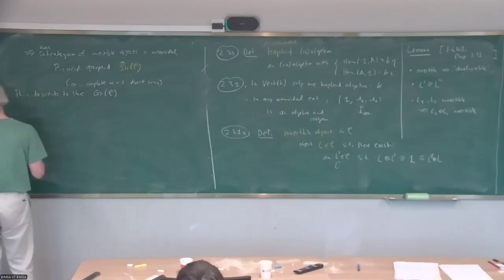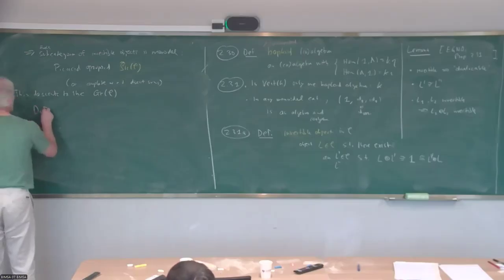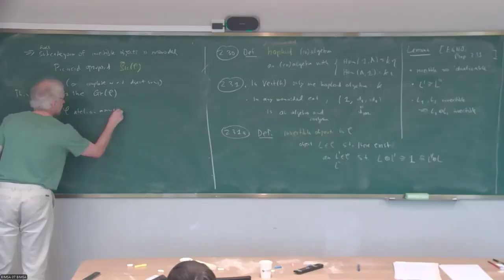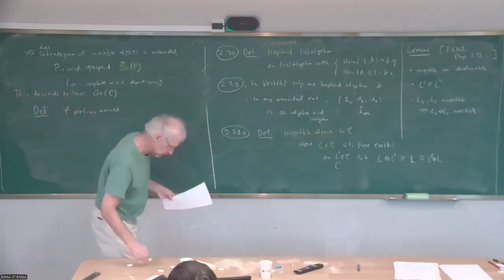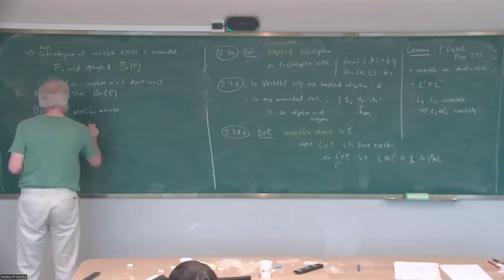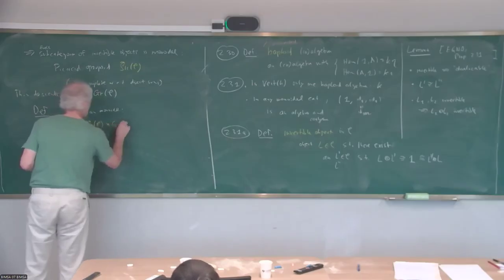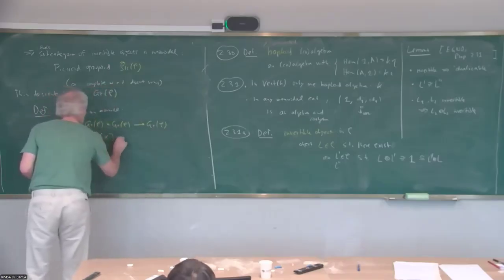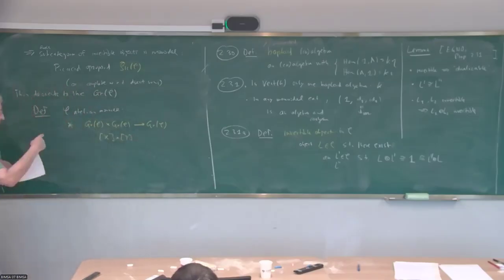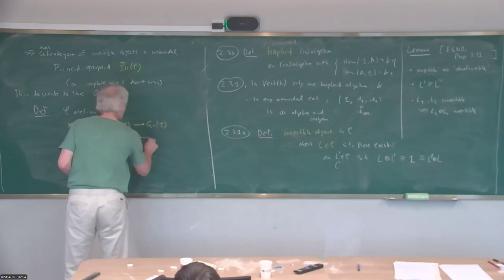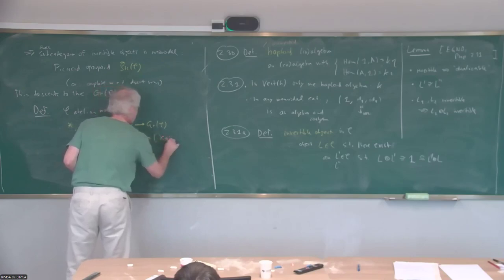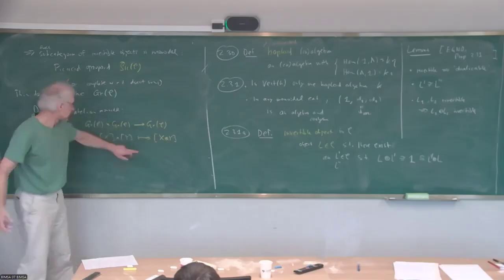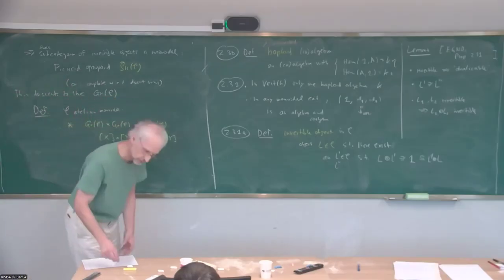So for C abelian and monoidal, we define a product on the Grothendieck group, which sends the Cartesian product of the classes of objects X and Y to the class of the tensor product of X and Y. And from the fact that the tensor product is associative up to isomorphism, it follows that this is an associative multiplication.